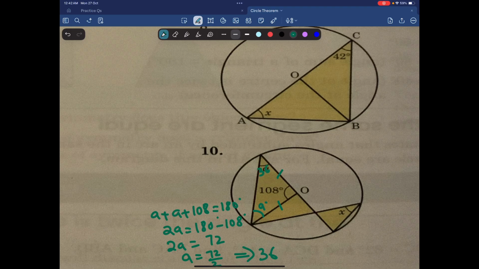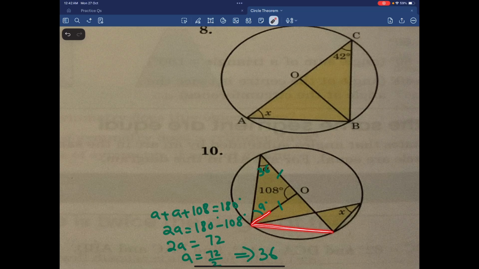Okay, now let's look at angle X. If we draw an invisible chord here, this is the angle made at the center from this arc, or you can draw a chord, whatever you're comfortable with. Since we've learned the theorem using the arc, this is the arc.